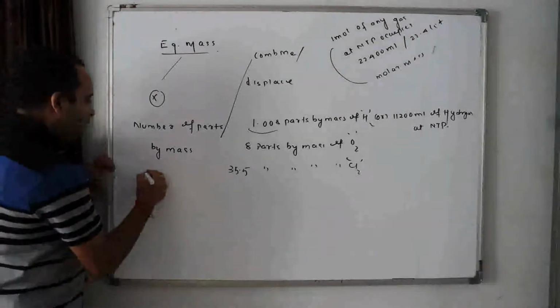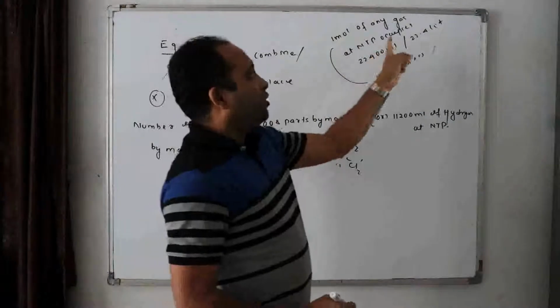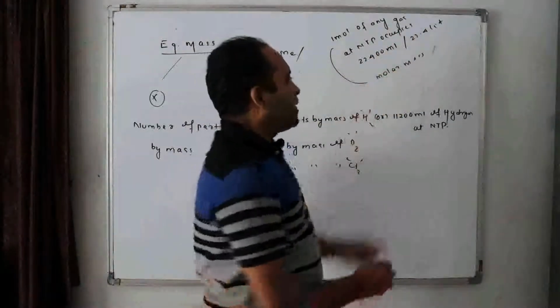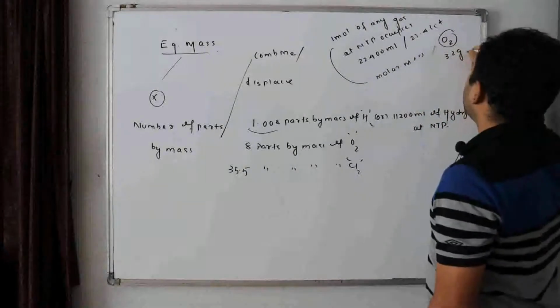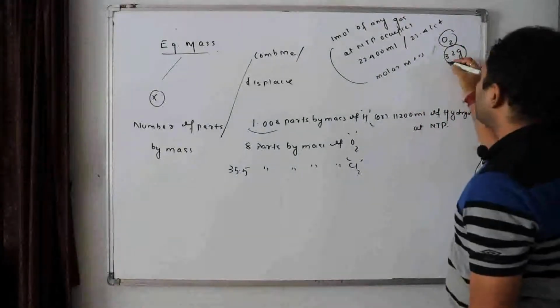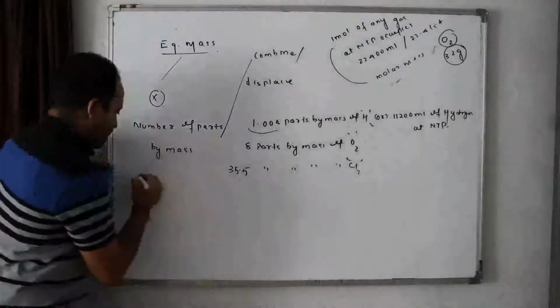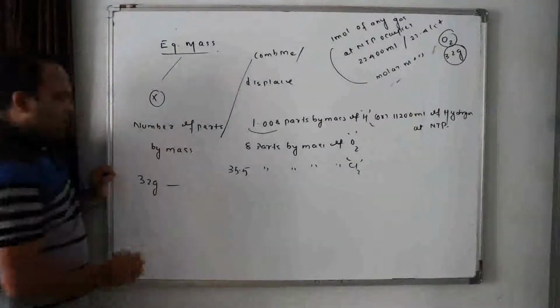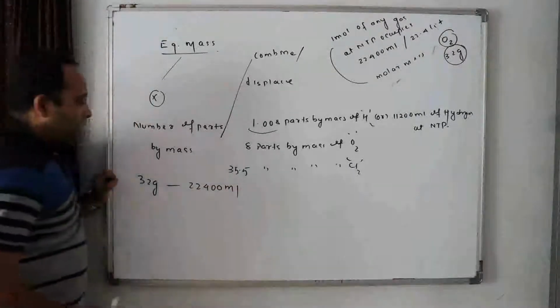Now come for oxygen. 1 mole of any gas at NTP occupies 22400 ml, that is equal to molar mass. Now molar mass of oxygen, how much? 32 grams. Now 32 grams corresponds to 22400 ml.